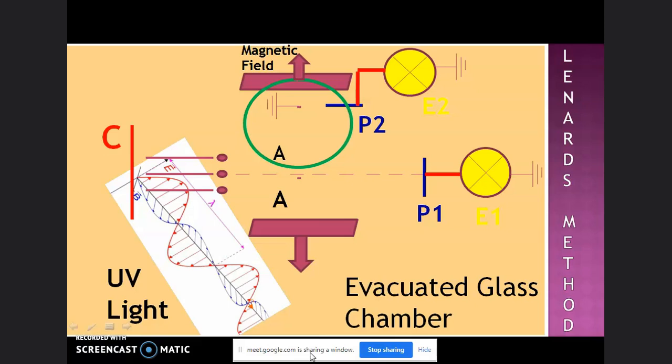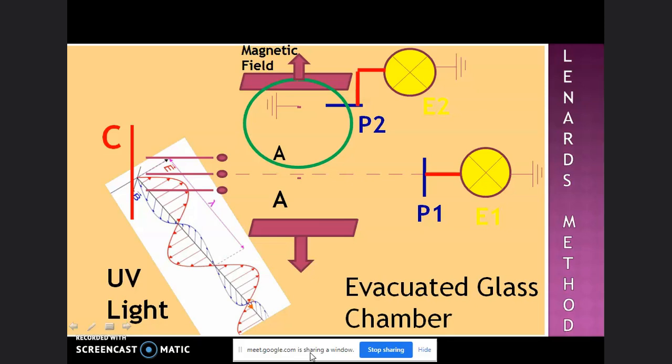Now we will see the construction. Whatever you observe on the screen is nothing but a glass chamber. This is made up of glass, and this is an evacuated glass chamber.